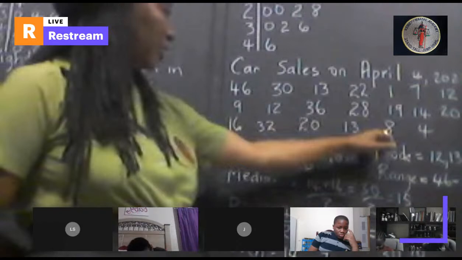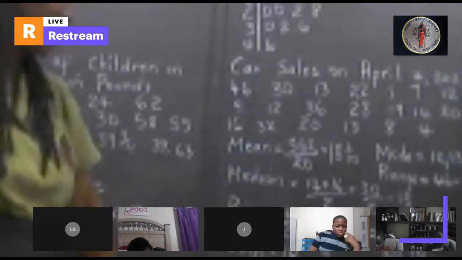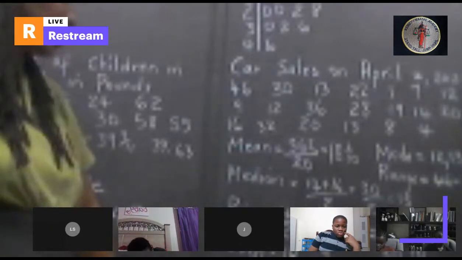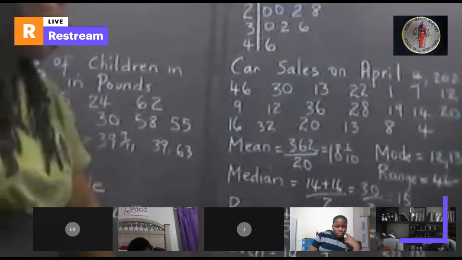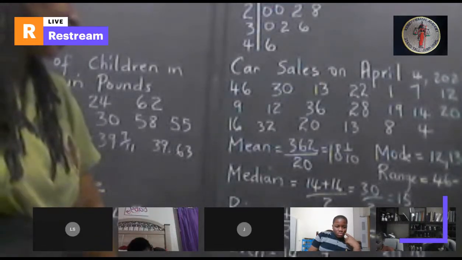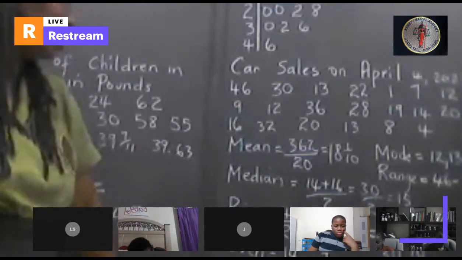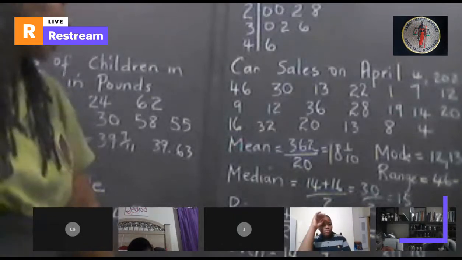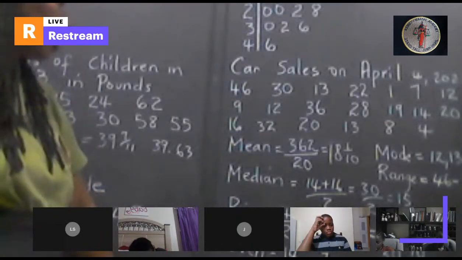So the composite numbers are 46, 30, 22, 12, 9, 12, 36, 28, 14, 20, 16, 32, 28, and 4.